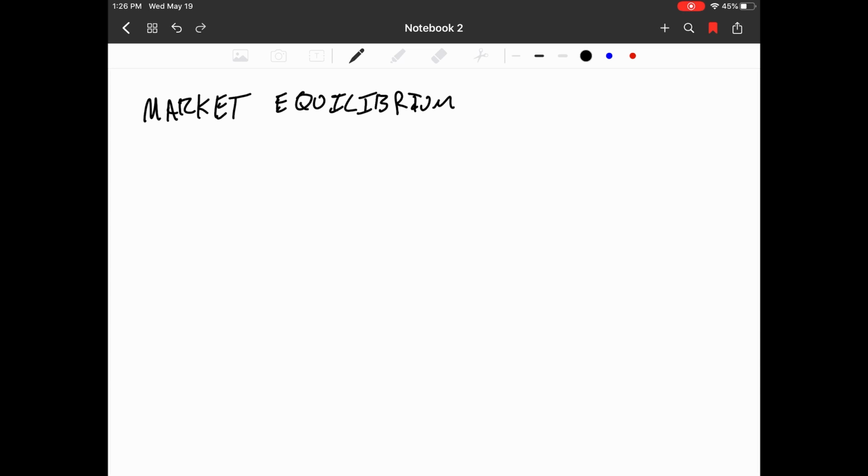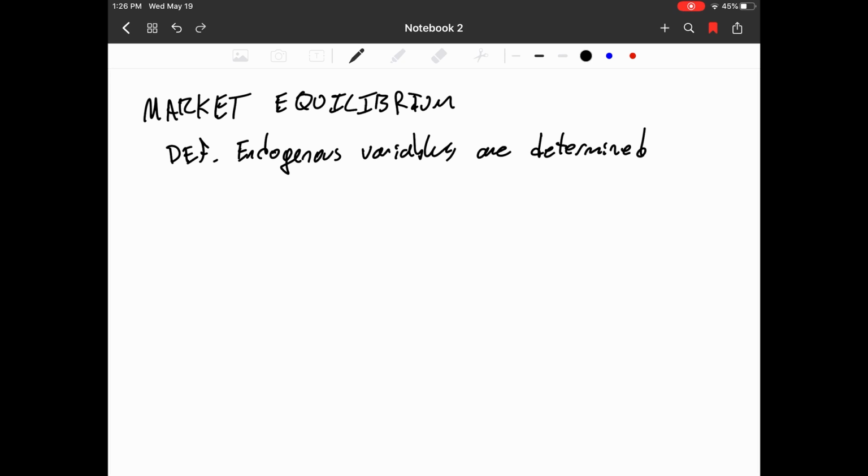So what this means is that price and quantity are what we call endogenous variables. So let's define that real quick. Endogenous variables are variables determined within the model.